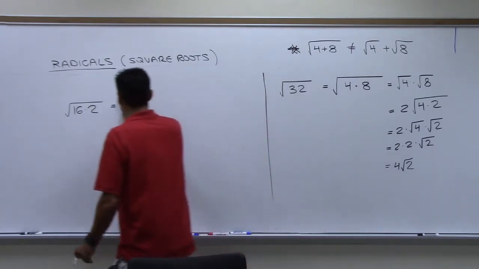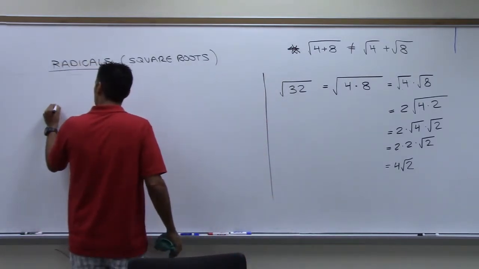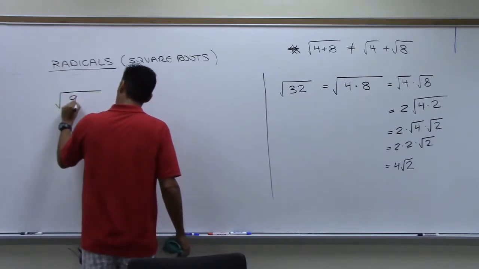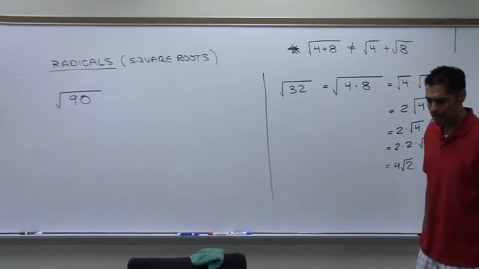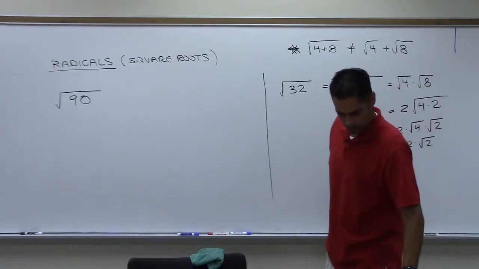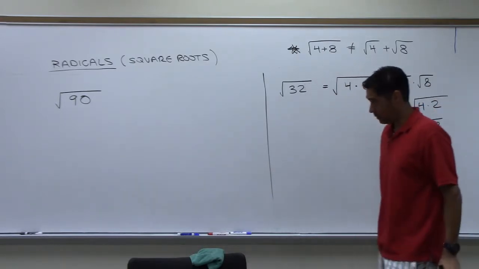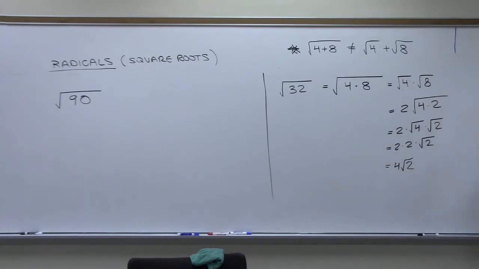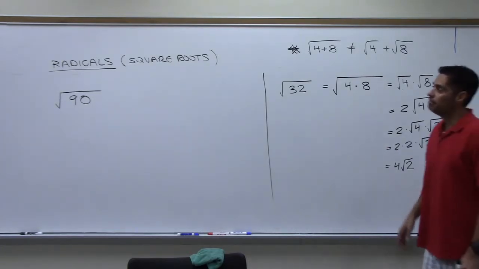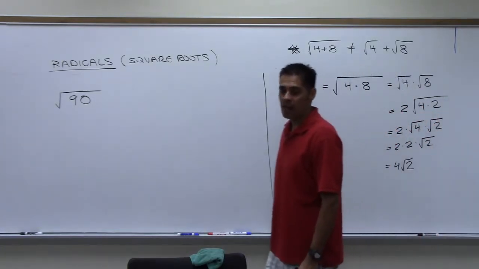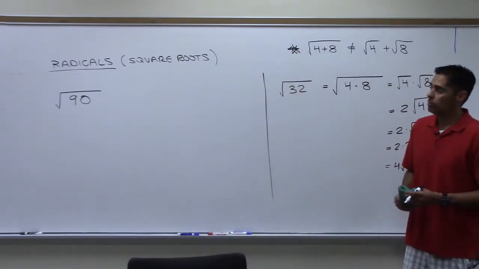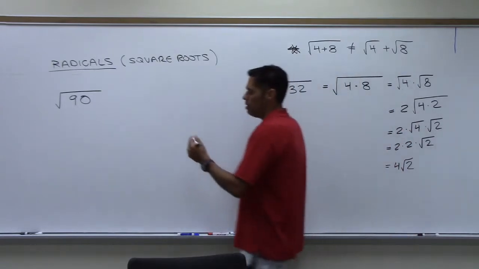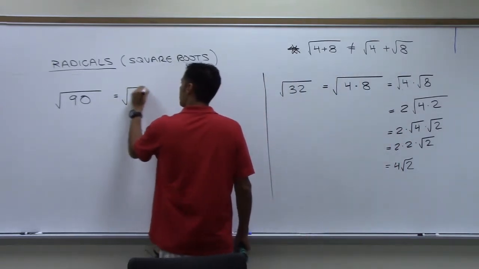How about root 90? So 90 is not a perfect square, right? Can you split that into two numbers? 9 and 10?